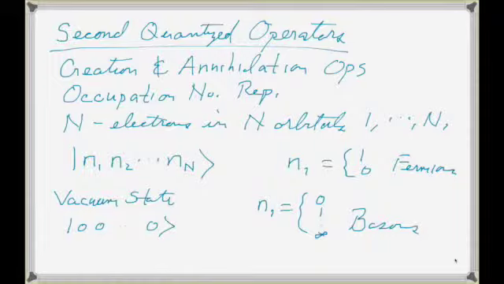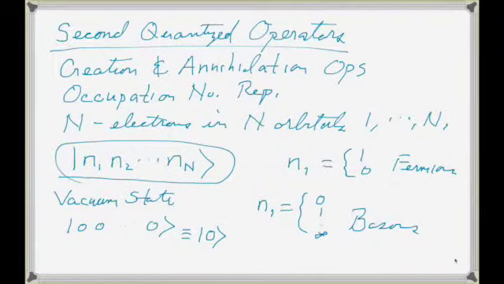For shorthand, so we don't have to keep writing this over and over again, I will in shorthand notation just refer to it like that. This general state is created by applying creation operators to the vacuum.